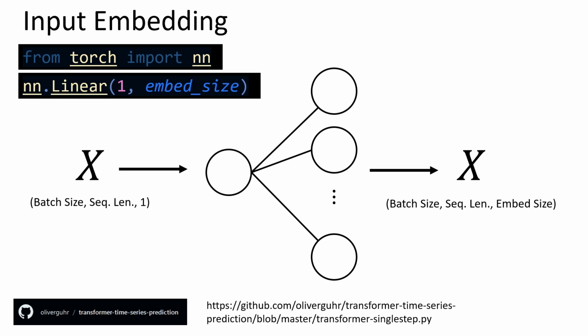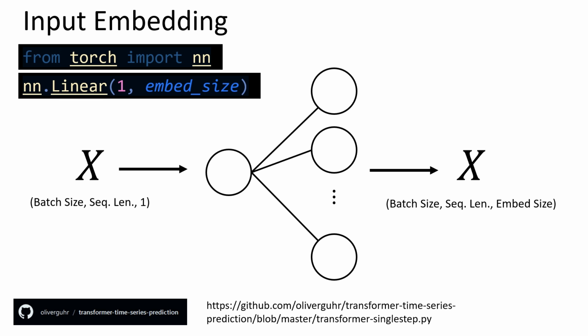So I was very lost when it came to embedding a time series until I found this GitHub repository, at the bottom of the slide, that I'll also link in the description, that did it in a very simple way that worked brilliantly, which was just to use a linear neural network layer like was done for the queries, keys, and values for the attention approach.